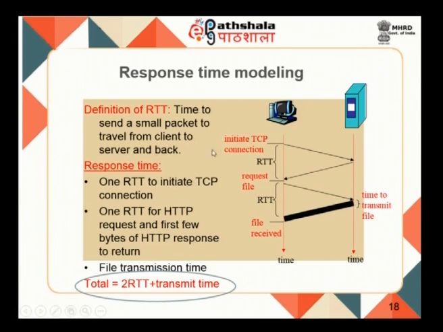So, the total time taken for you to receive the file so that you can start displaying it will be 2 times RTT plus the transmission time. Okay. Once you have done this, we close the TCP connection, which means it will take 1 more RTT. So, it will take altogether 3 times RTT plus transmit time for retrieving a single object.